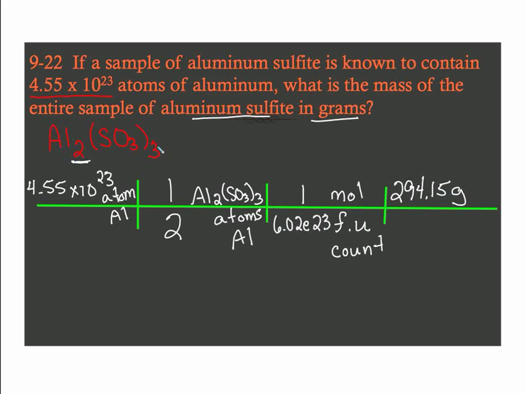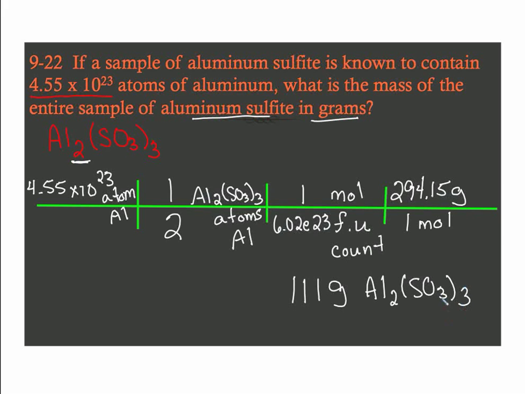I got that by taking 2 times aluminum's molar mass plus 3 times sulfur plus 9 times oxygen. And that's per 1 mole. And if I got my algebra right, I have 111 grams of my aluminum sulfite.